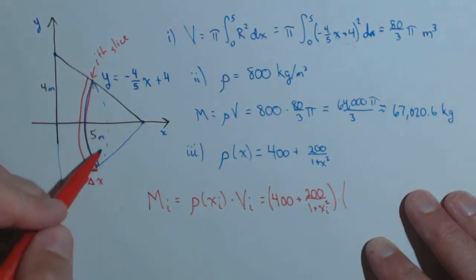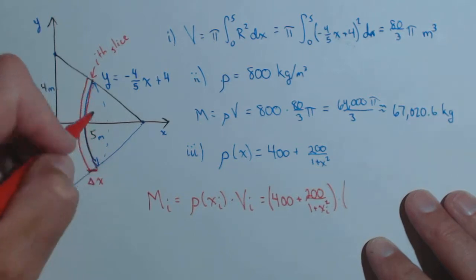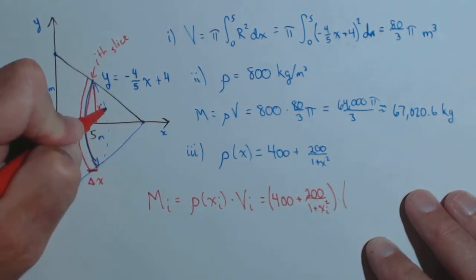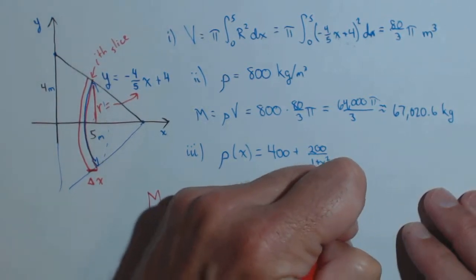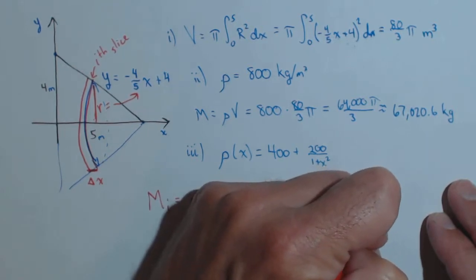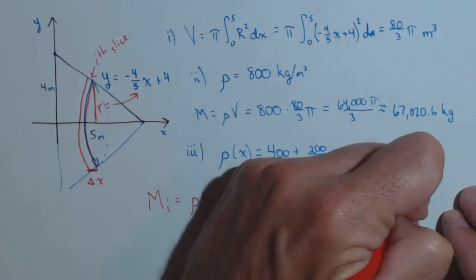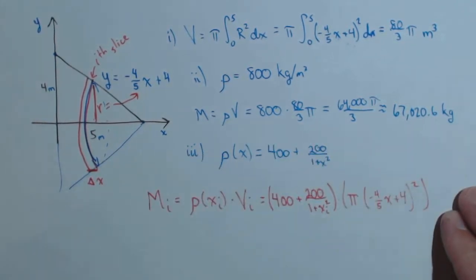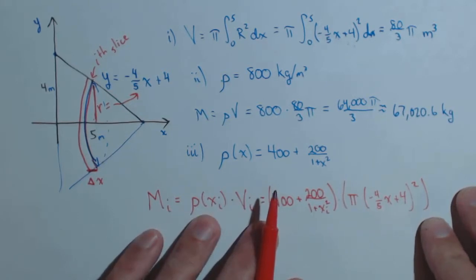It's going to look like a cylinder, so we're back into the section on volumes of revolution, with a radius r that is given by our function. So pi times (negative 4/5 x plus 4) squared. Now we have the mass on the ith slice.